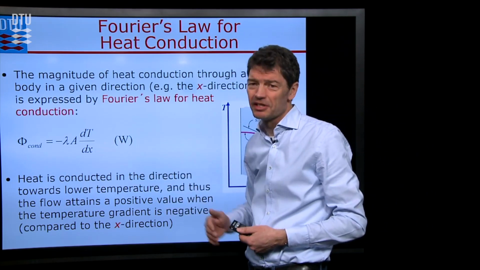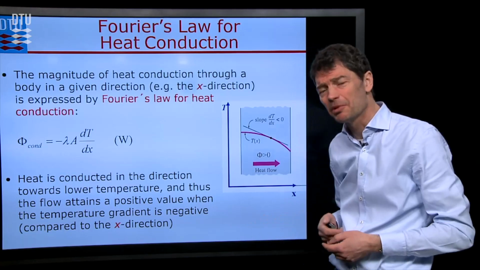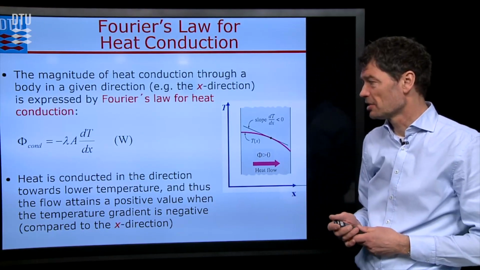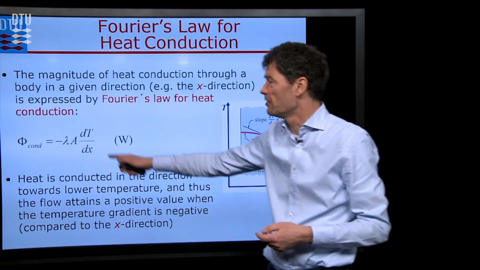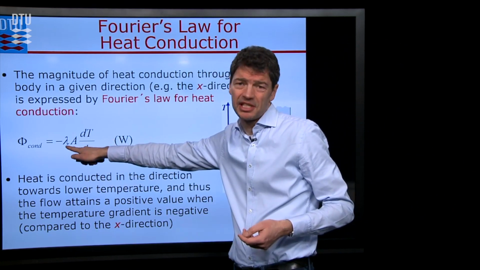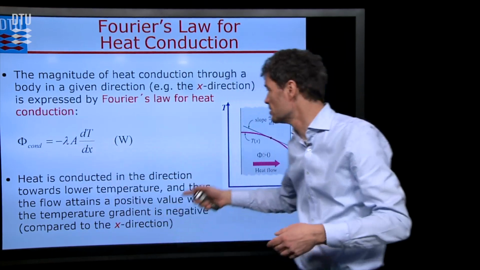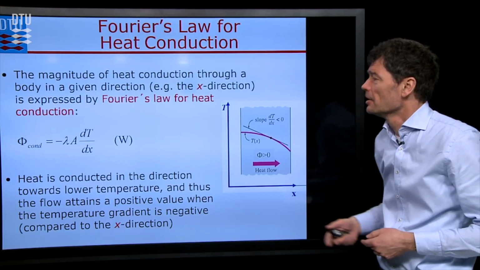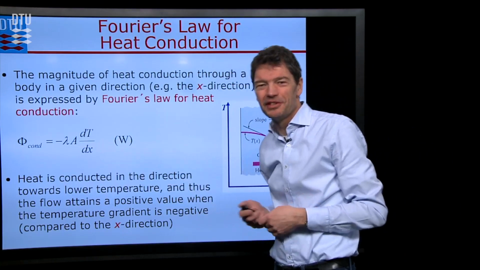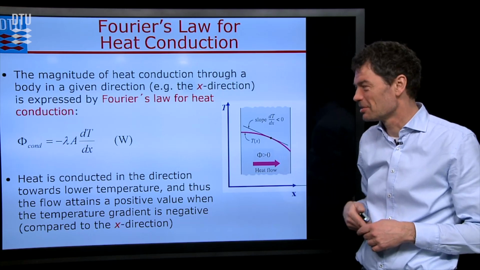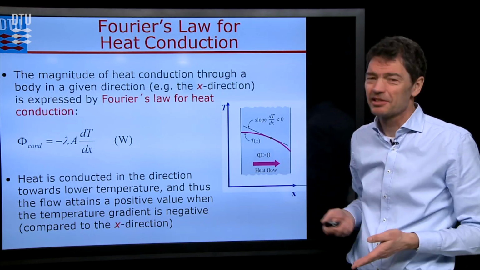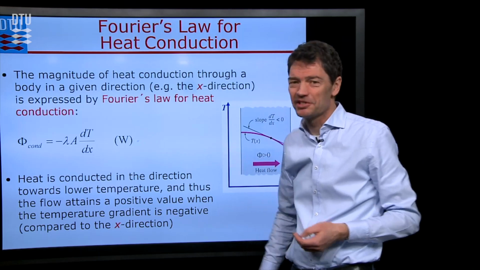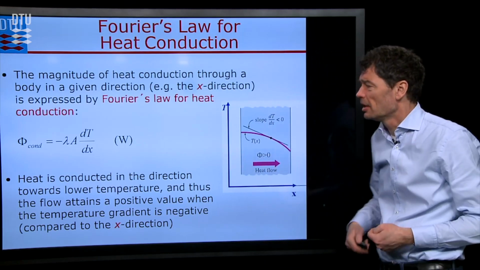If we take a temperature gradient, because it's the temperature that is the driving force for the heat flow by conduction, and then we have a thermal conductivity lambda, which characterizes the material in which the heat flow is taking place. Then, of course, the area of the wall is important also. So that gives us the total heat flow, which we'll measure in the unit of watts.